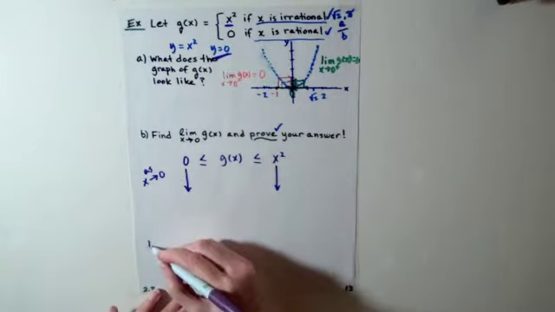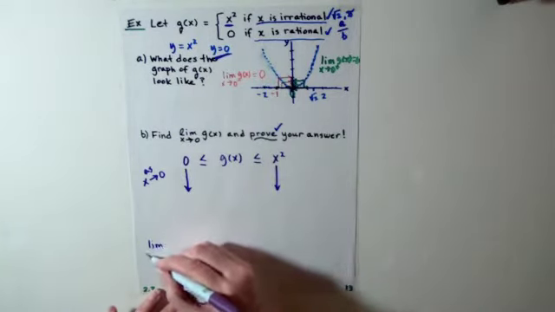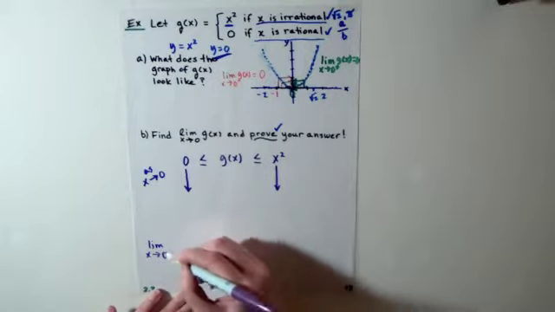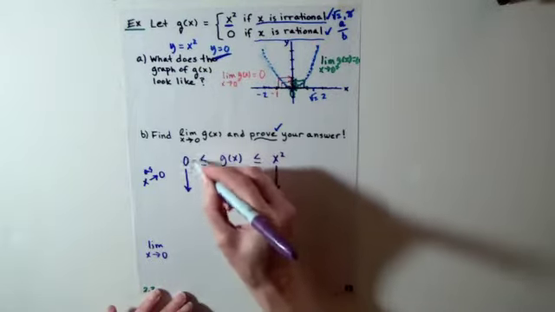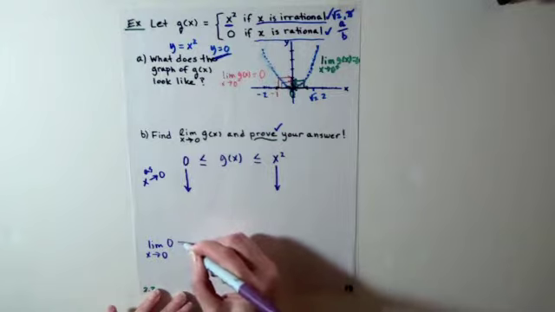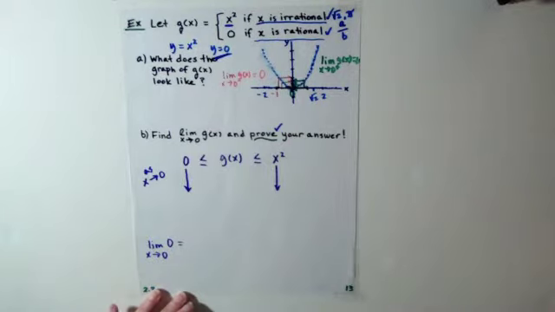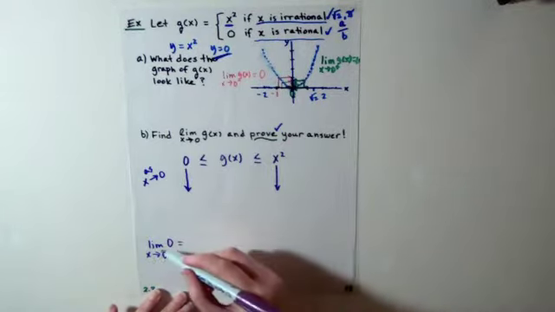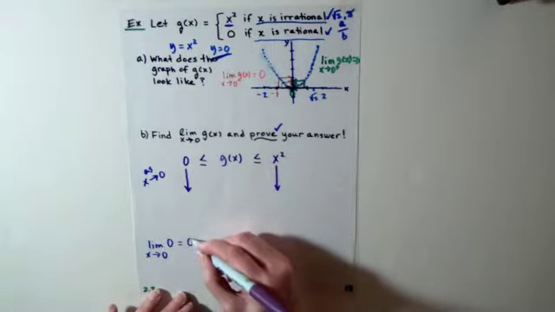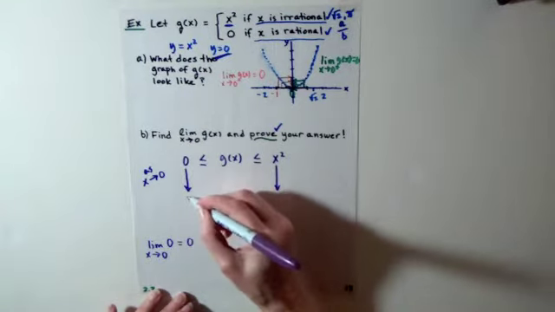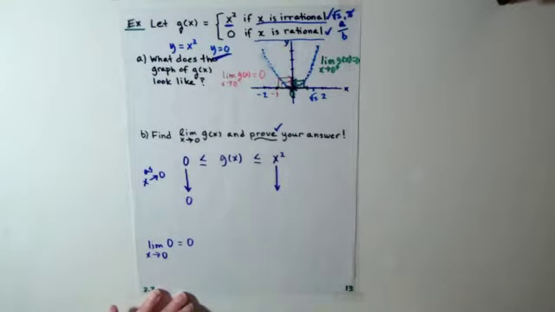If I were to find the limit as x approaches 0 of this function on the left, 0, well, it's the limit of a constant. It's one of our building block limits. So the limit of a constant is that constant. So this function is just staying fixed at 0.